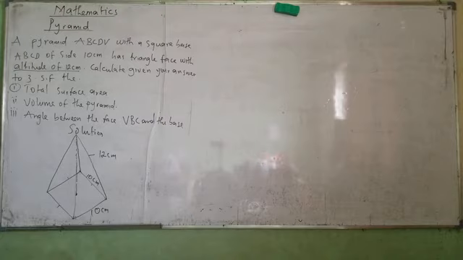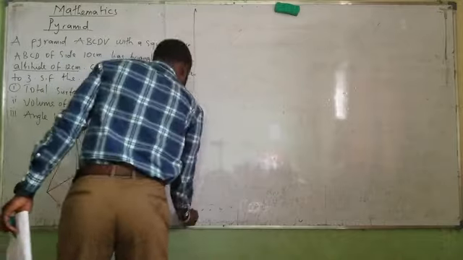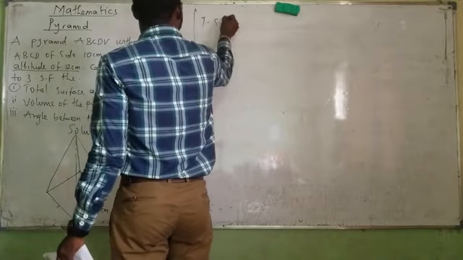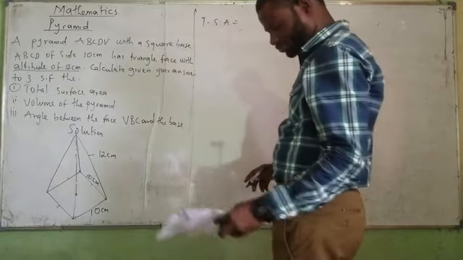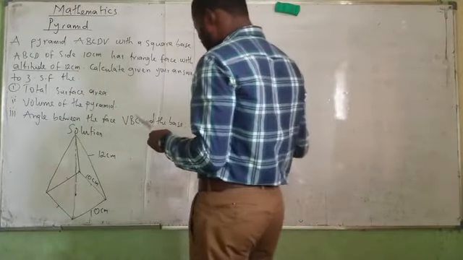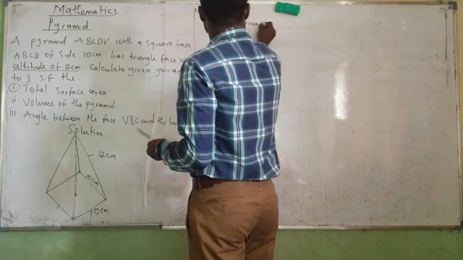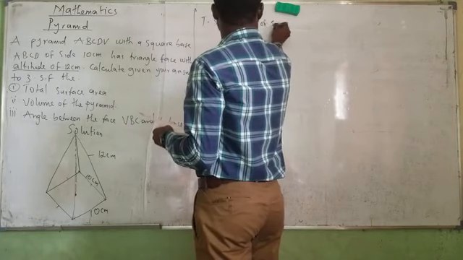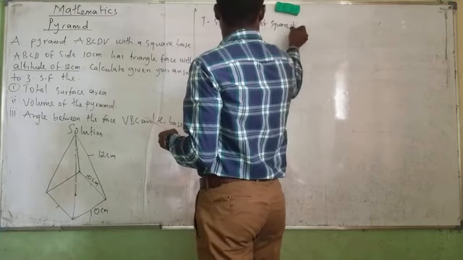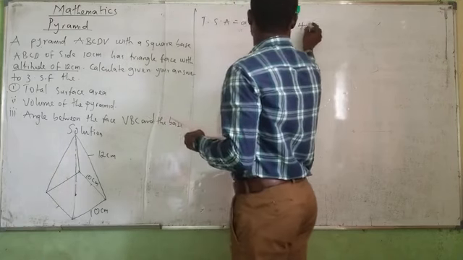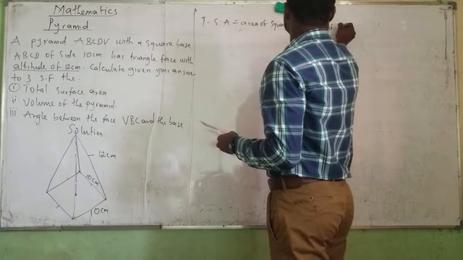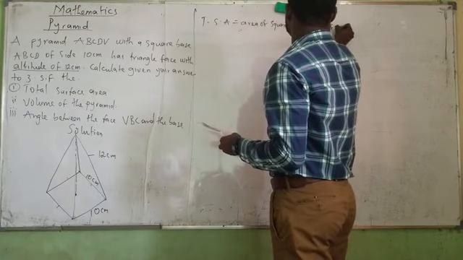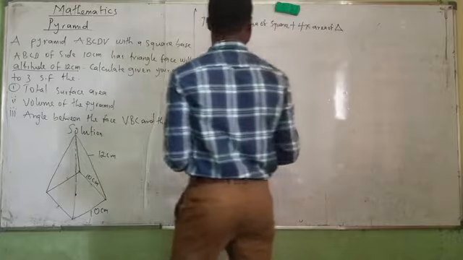You are now asked to calculate the total surface area of the pyramid. How do I find my total surface area? What I've explained earlier: my total surface area of the pyramid will be equal to area of the square plus 4 multiplied by area of triangle.